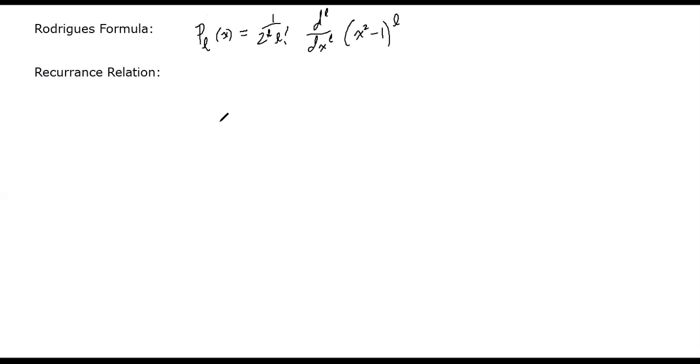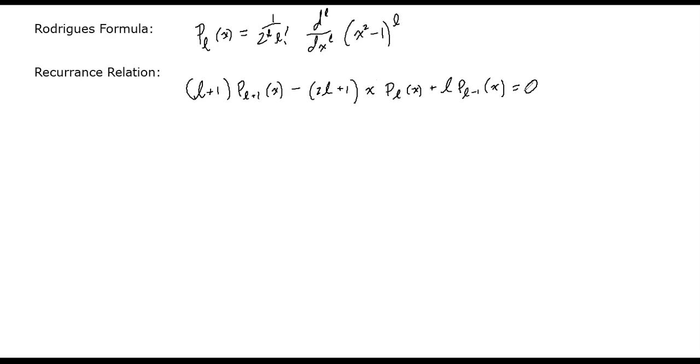The more obvious one is the recurrence relation. Essentially what this is saying, and I kind of always feel like there's a nicer way of writing this, is that you can actually make the l-th Legendre polynomial out of the subsequent ones.